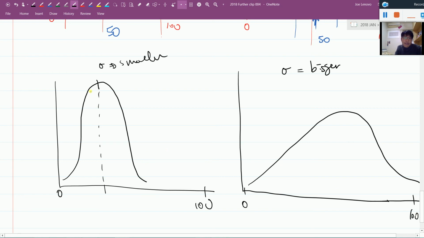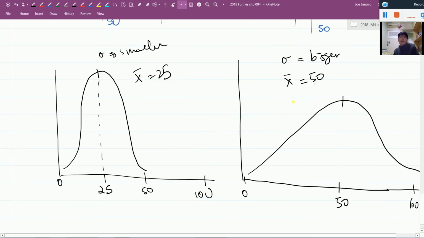The one right in the middle, say this is 50, and here the mean would be 25, compared with this one right in the middle, 50.